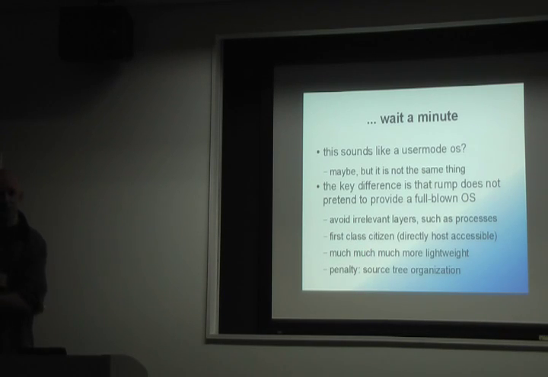I call this kind of kernel virtualization first-class virtualization, because your kernel is directly controllable from your host operating system. You can kill a process. You can attach GDB to it. If you want to make a system call to it, you don't have to have a process running inside your virtual operating system. It's a process running on your same system.